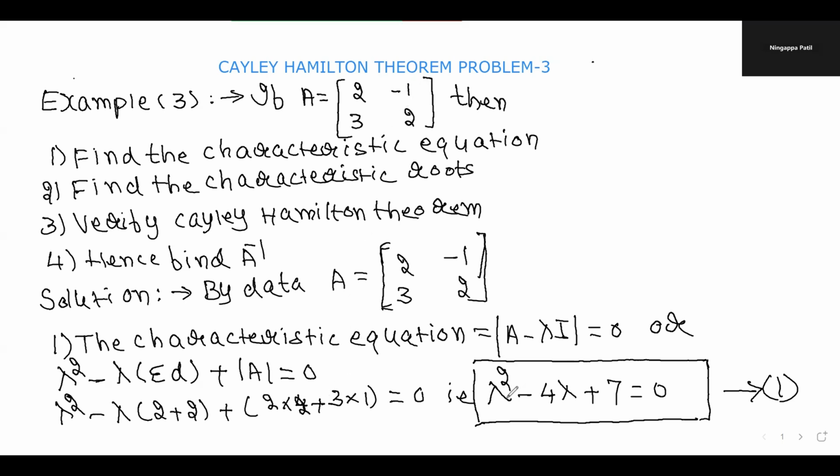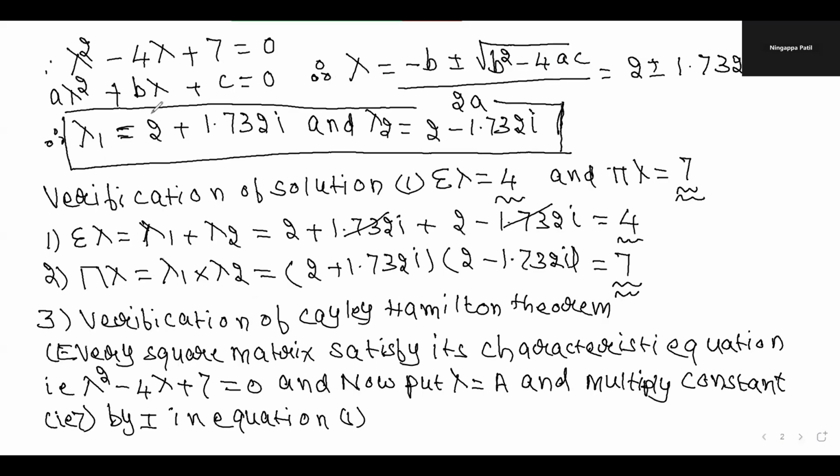Then simplification: lambda square minus 4 lambda, and 2 into 2 is 4, 4 into 3 is 7. And this is the characteristic equation. Call it equation number 1. One answer you got: lambda square minus 4 lambda plus 7 equal to 0.